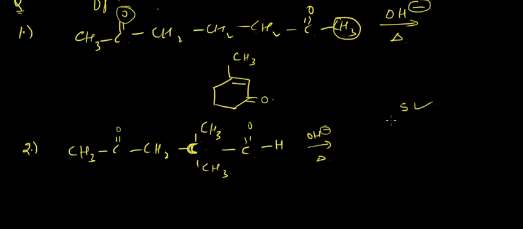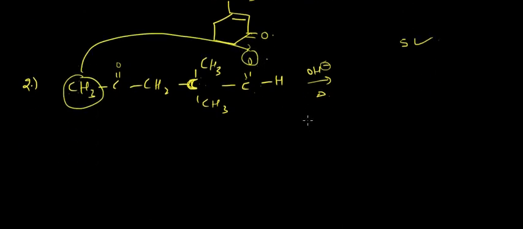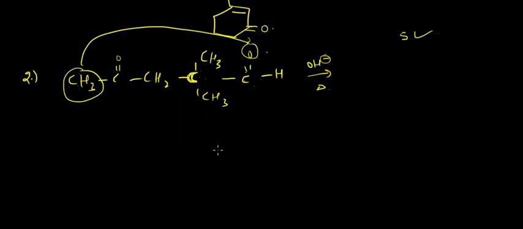The other option would form only a three-member ring, so we go with the five-member ring, where this attacks on this carbonyl carbon. As a result we get a five-member ring with double bond O here, CH2 here, and 2 methyl groups here, and this would be the product.